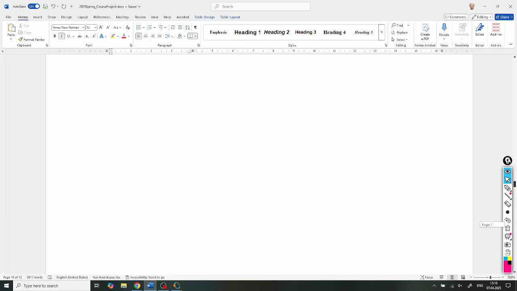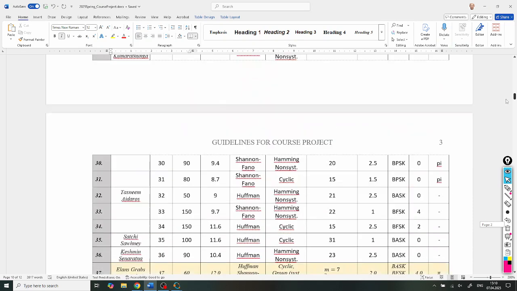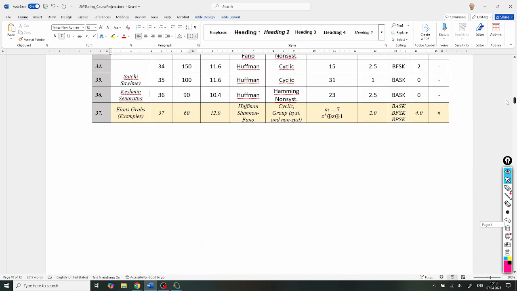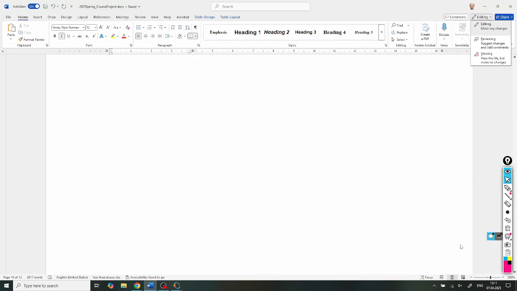So my signal to noise ratio was 12 decibel, and I use all 3 types of modulation. Let me actually add this information.